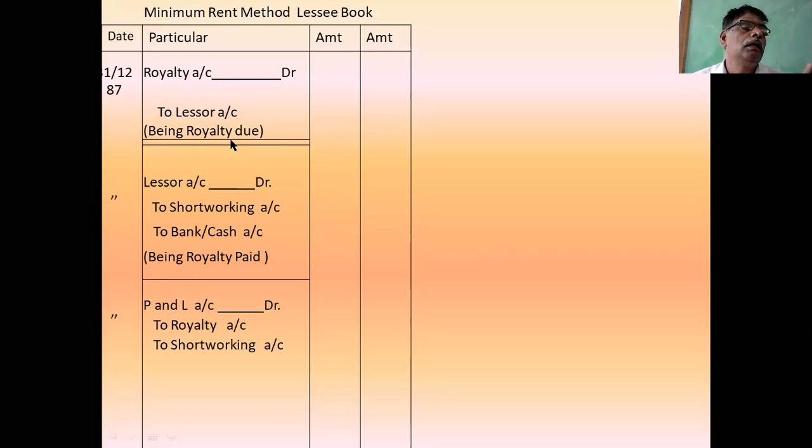Only in the first year and second year there is a change because of the minimum rent method. In the third year and subsequent years, the original method starts because there is no minimum rent. Whenever there is a short working for that year, there is a change. Otherwise, the original or general method will be followed. Okay.